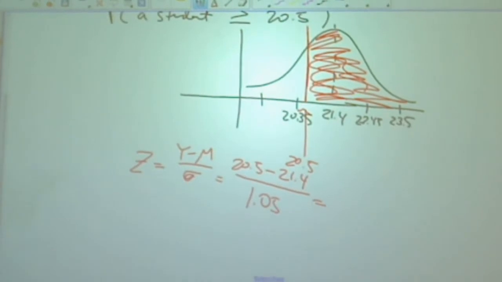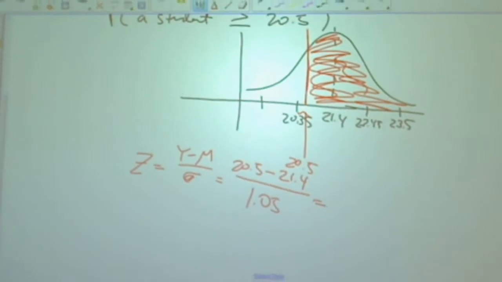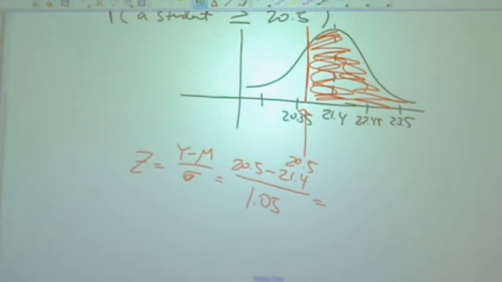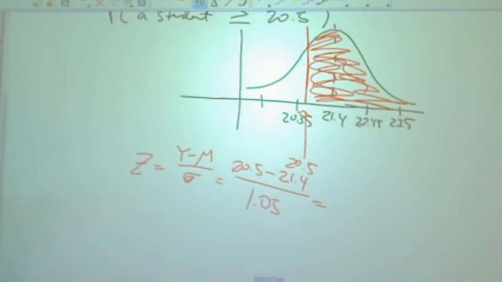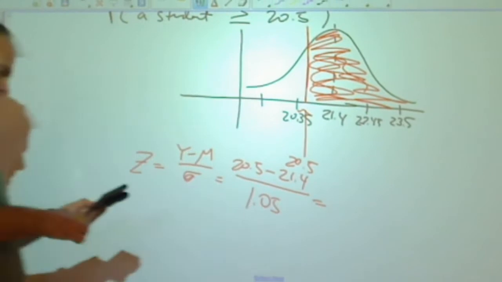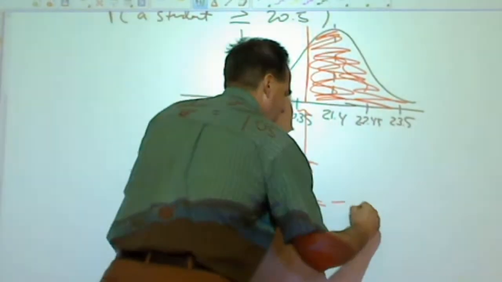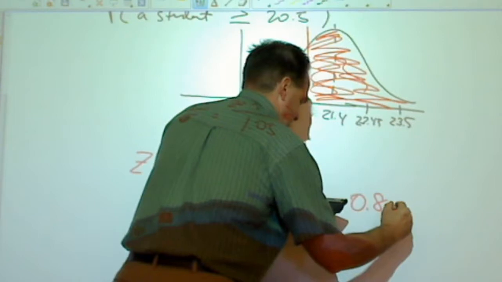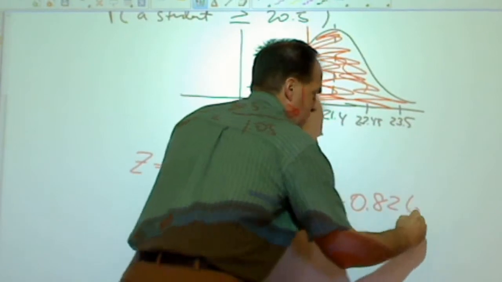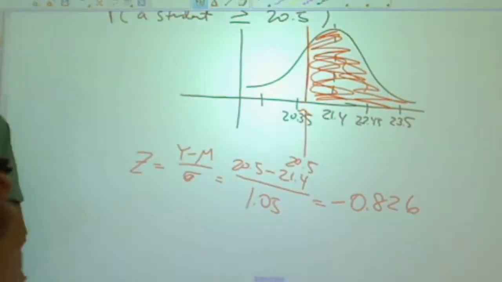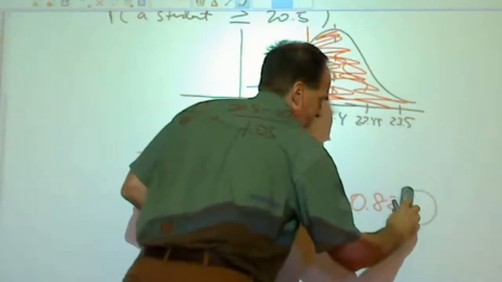I used normal CDF when I did it before. Okay. I got negative 0.826. Is that what you said? 857. 857. Okay, I entered it wrong.